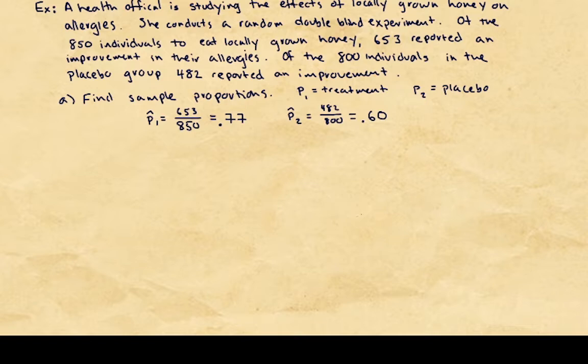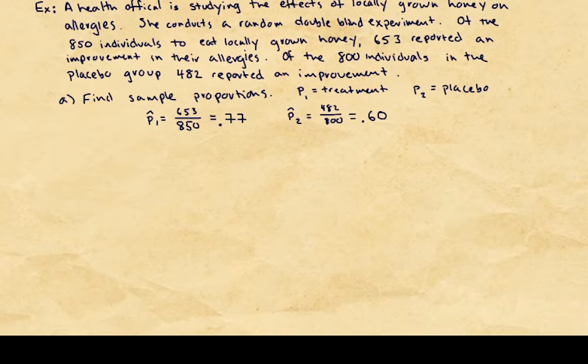So before we jump into conducting any kind of fancy statistical inference here, let's just look at the two sample proportions that we got and see if that actually makes it look like the locally grown honey is making any kind of difference at all.